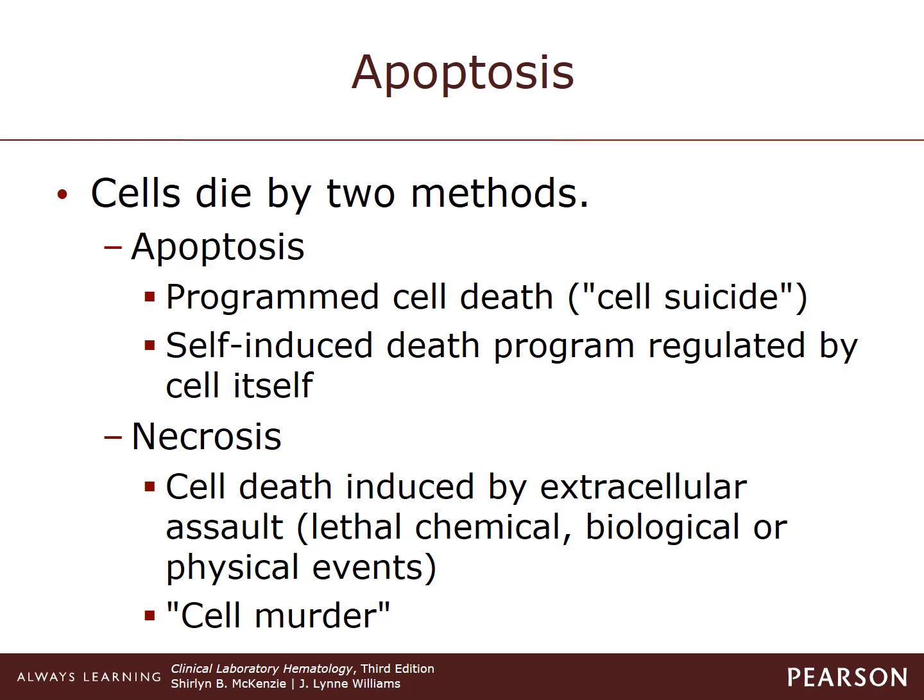Most apoptosis occurs as a normal process to eliminate potentially harmful cells, or cells that are no longer needed, or aging cells. So apoptosis is considered cell suicide, where necrosis is considered cell murder.